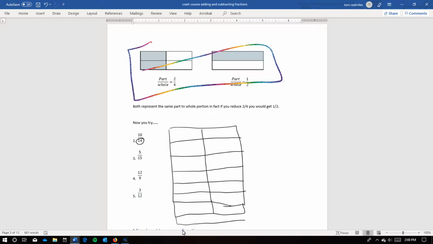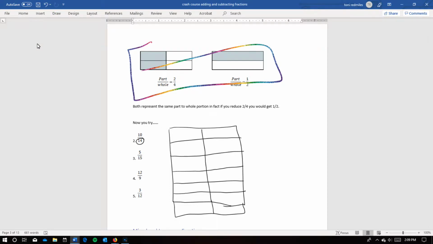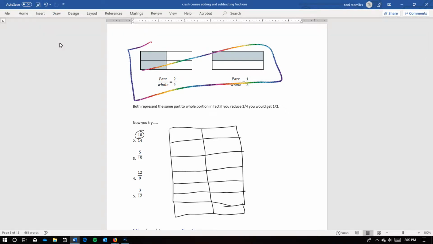Let me make sure this is right. 2, 4, 6, 8, 10, 12, 14. And the top part tells me the part that is shaded in. So I have 10 shaded in.